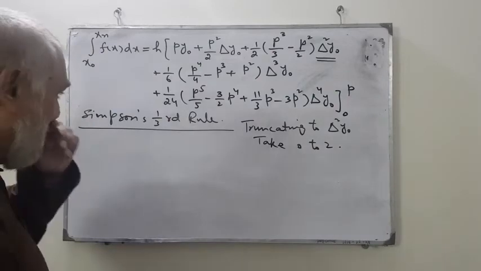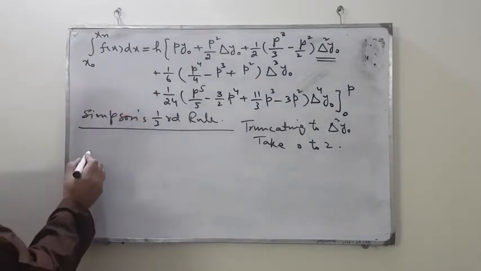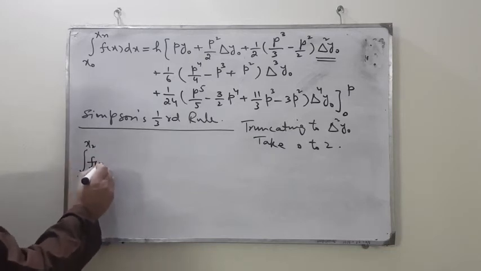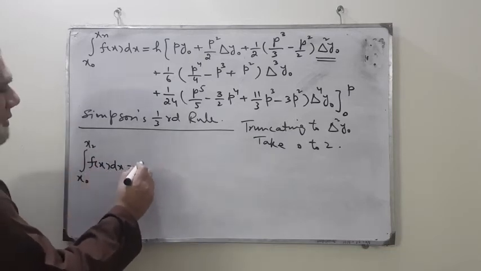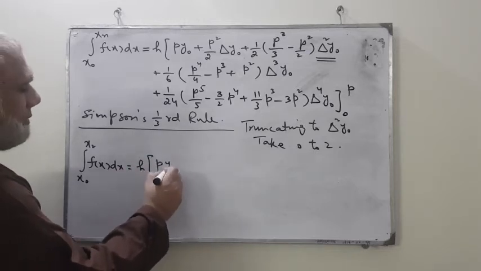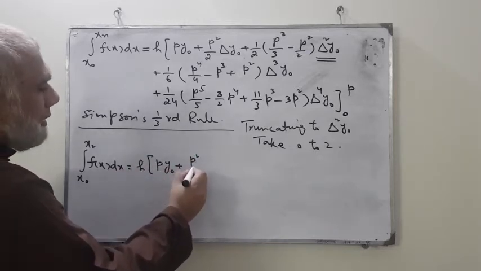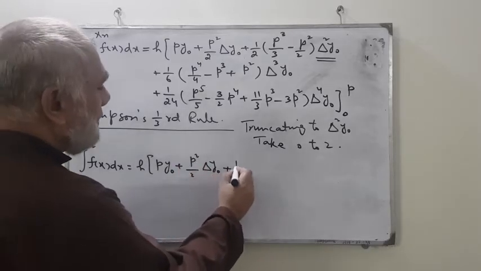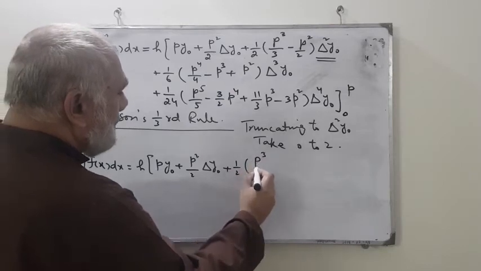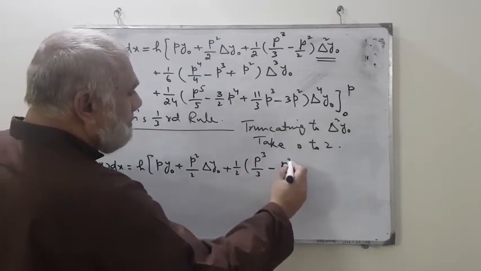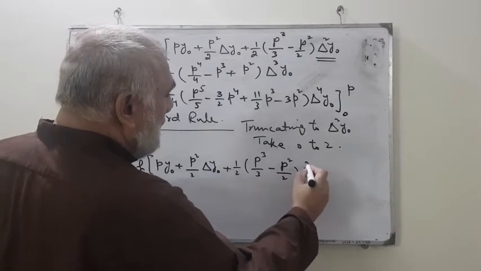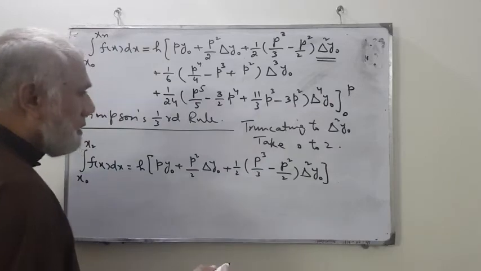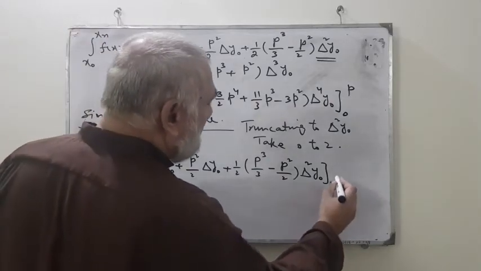So here we are going to write this integral in the form x0 to x2 f(x) dx equals h times p y0 plus p squared by 2 delta y0 plus 1/2 (p cubed by 3 minus p squared by 2) delta 2 y0, and the limits you have to use are from 0 to 2.